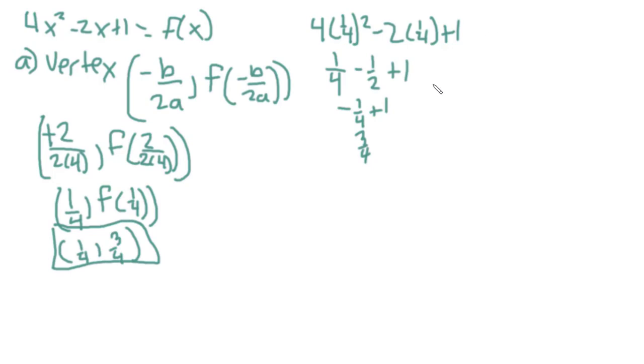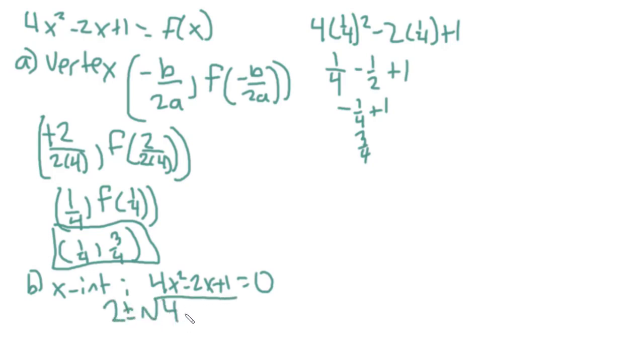Okay, so now if I wanted to find the x and y intercepts, to find the x-intercepts, I would have to use the quadratic formula. So for 4x squared minus 2x plus 1 equals 0. So I set my y to be 0, and now we have to use the quadratic formula. And if you do that, you're going to get 2 plus or minus square root of 4 minus 4 times 4 times 1, all over 2 times 4.